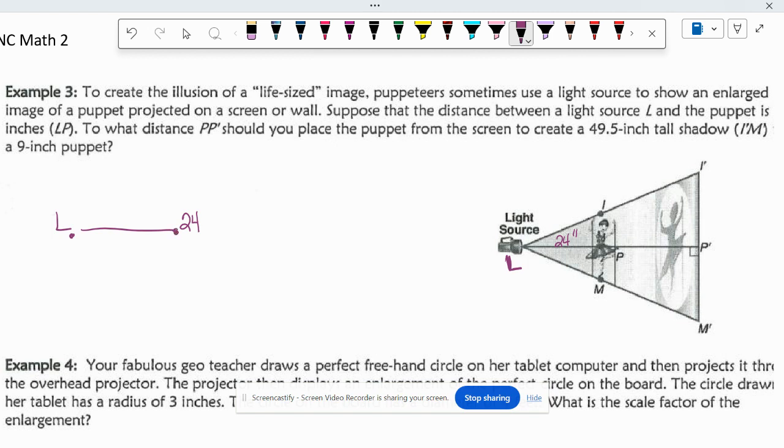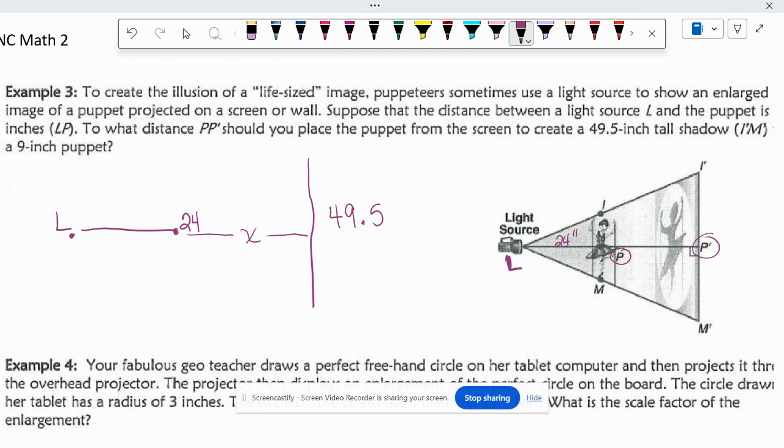Okay. And it says, what distance from P to P prime should you place the puppet from the screen to create a 49.5-inch tall shadow? So we're trying to figure out this distance right here to make a shadow that is 49.5 inches tall.